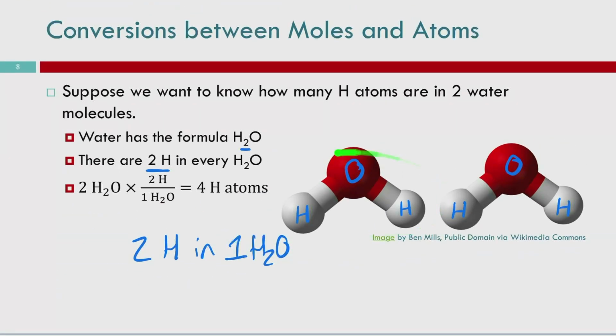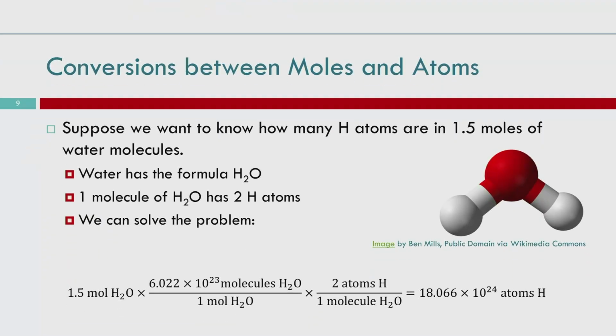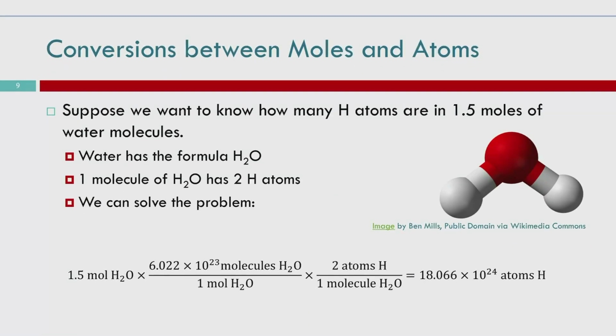This works really nicely if we've got small numbers of things, especially if we have them drawn out in front of us. We can just count up all the hydrogens. But if we've got lots and lots and lots and lots of water molecules, like 1.5 moles of water molecules, and we want to turn that into number of hydrogen atoms, it becomes a little bit more complicated.